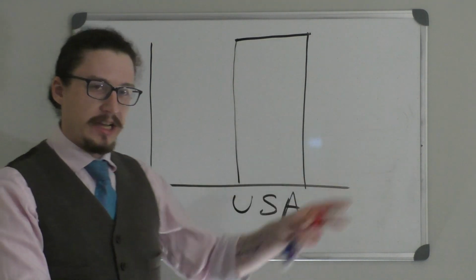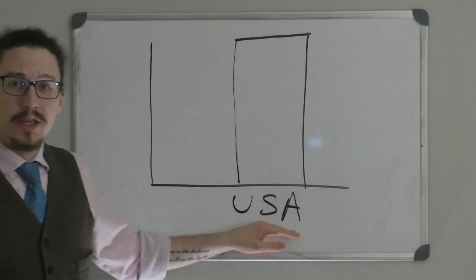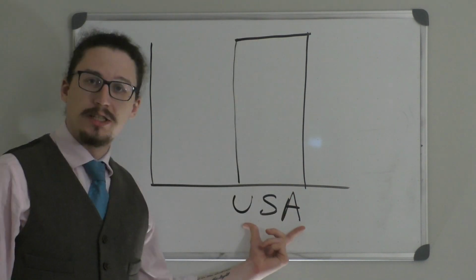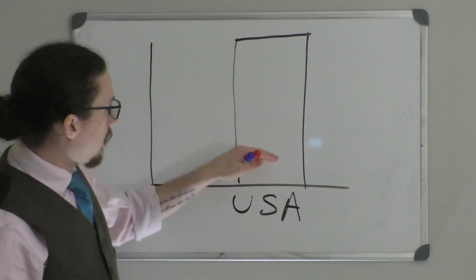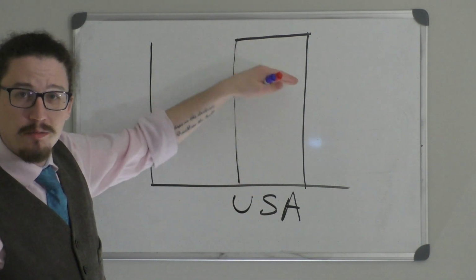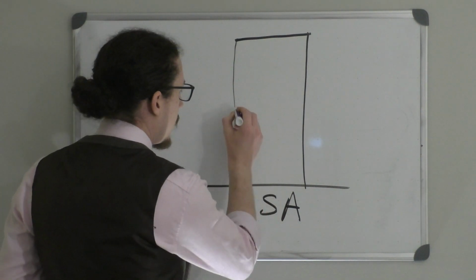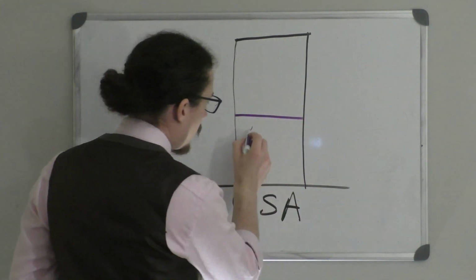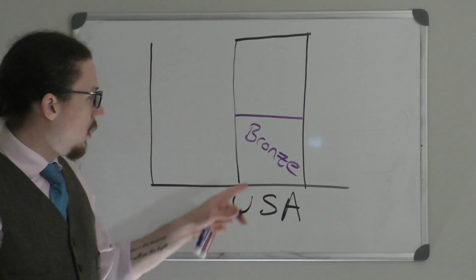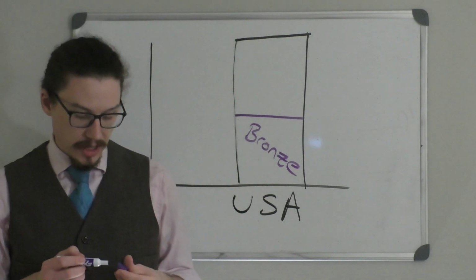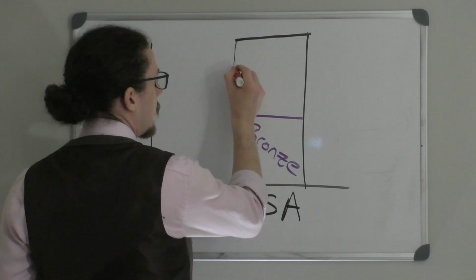What this looks like, and again, that chart's also going to have other columns for each other country, but the bars themselves represent the country as a whole. Here we have USA. And then the bar would consist of multiple other segments. Say the lower segment that I've done in purple here would be the number of bronze medals.